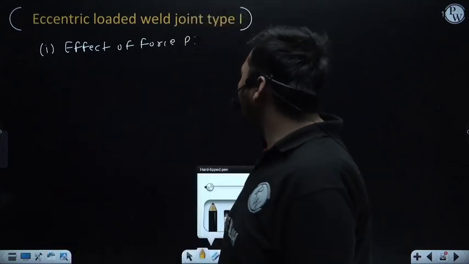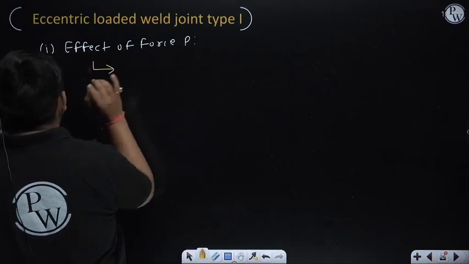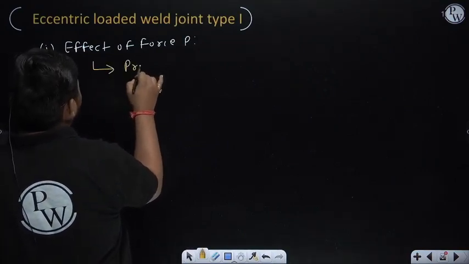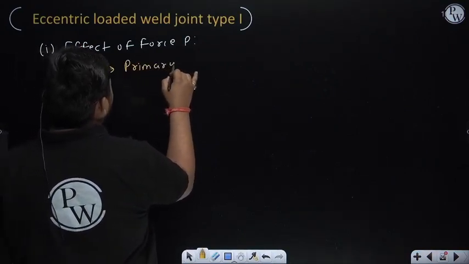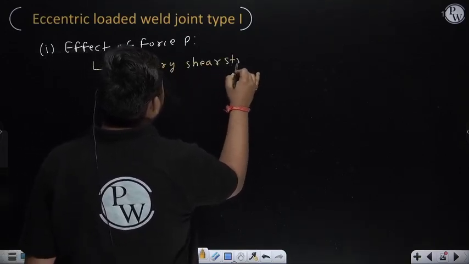Due to this force P, primary shear stress will be induced in the weld.